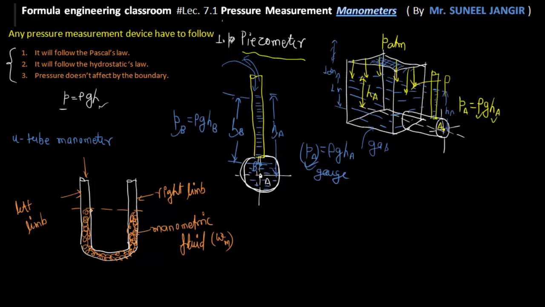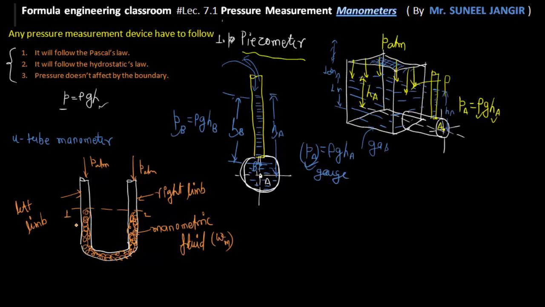The level of manometric fluid will be the same as both sides are open to atmosphere and atmospheric pressure is exerted on both sides. Okay, so this is a fluid, so it will try to make a level. So the level in both limbs will be the same. Let us say this is 1, 2.